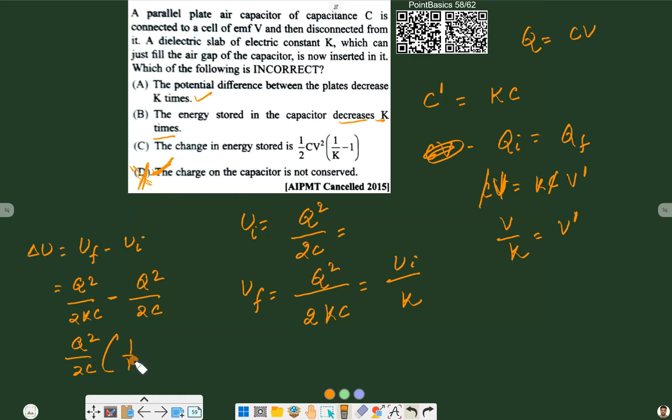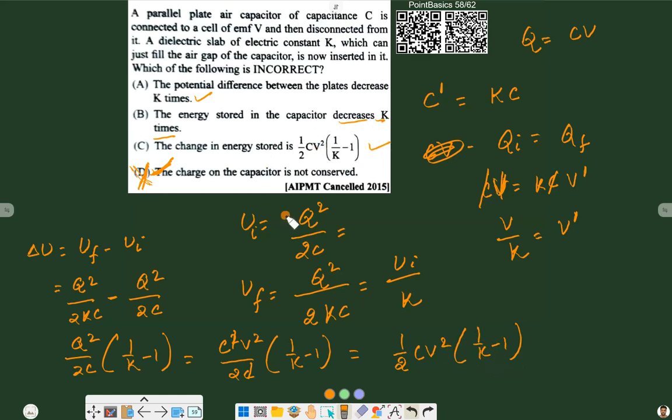It comes out to be 1 by K minus 1, and the value of Q is equal to CV. So it will become C square V square by 2C, times 1 by K minus 1. C gets cancelled, so we will be left with half CV square times 1 by K minus 1. So again change in energy is also right. So option D is the wrong option, which we had to find out.